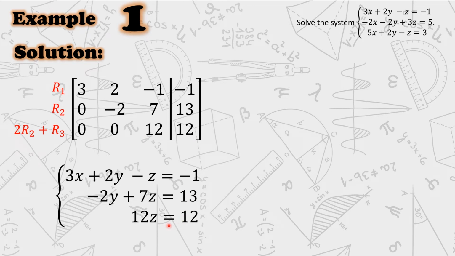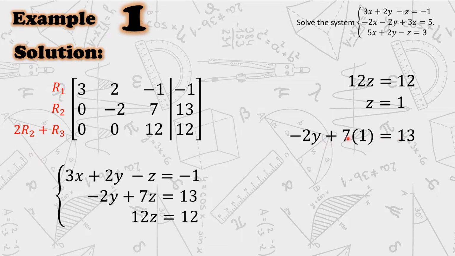And since 12z is equal to 12, we can divide both sides of this equation by 12 to get the value of z. z is equal to 1. Now, substituting z equals 1 to the second equation, we can get the value of y. So we have negative 2 times y plus 7 times 1, that is the value of z, equals 13.